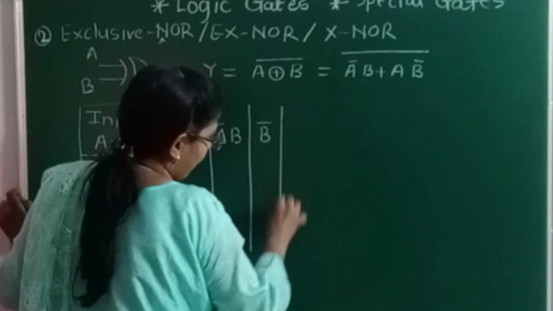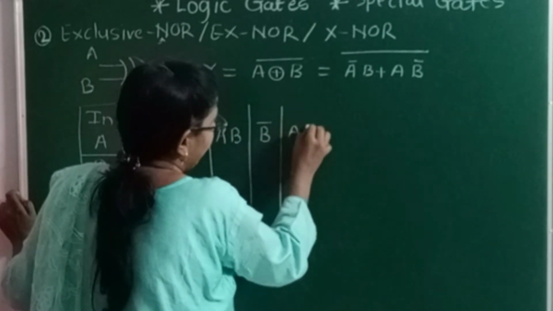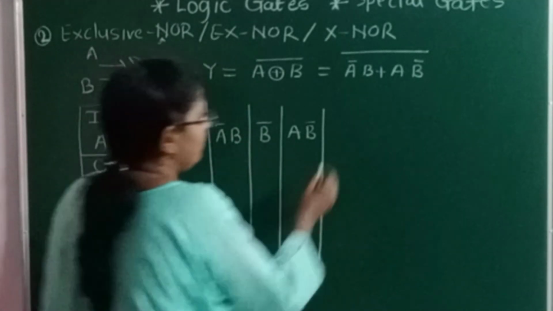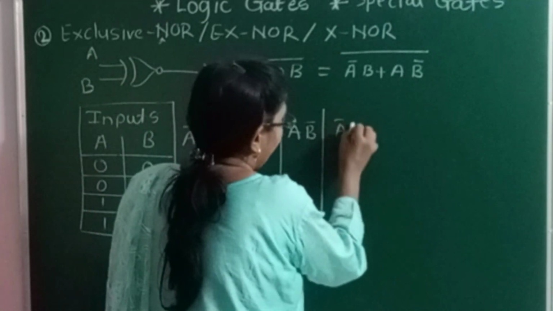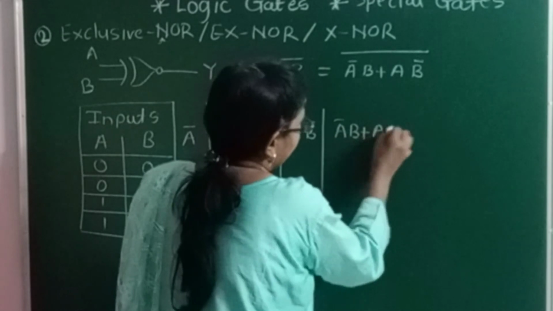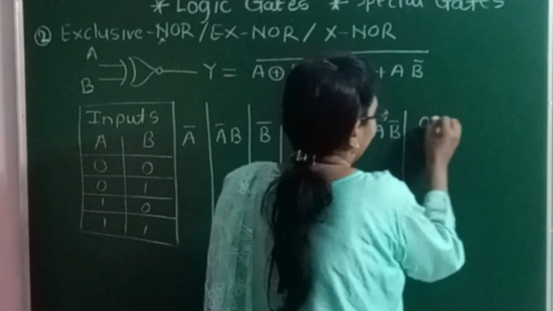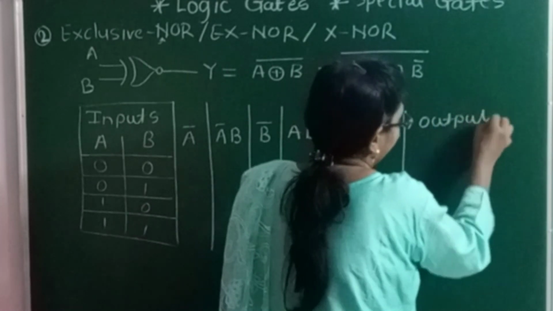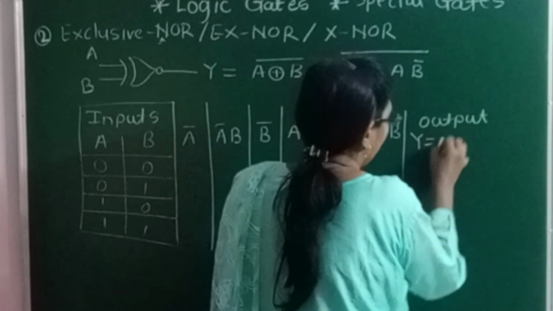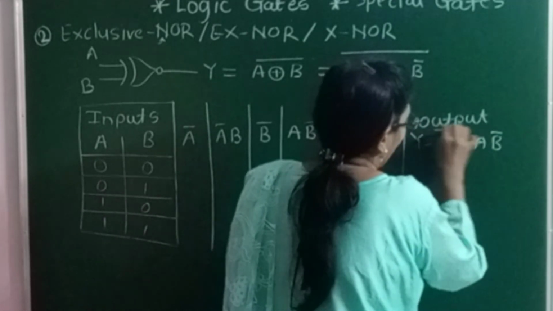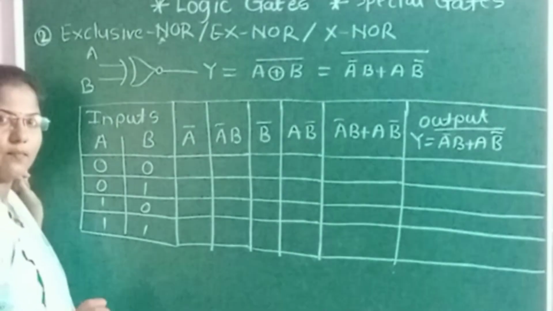Then find out A B complement. Next their addition, A complement B plus A B complement, and finally we will find the output, that is Y equal to A complement B plus A B complement and whole complement.